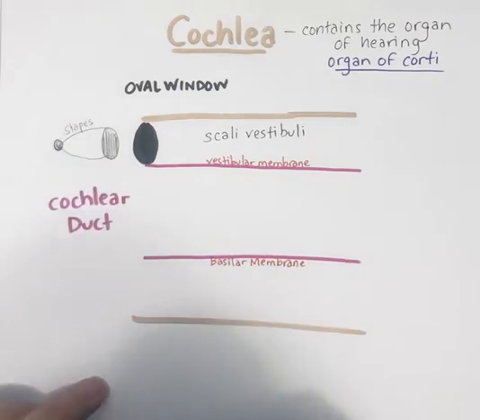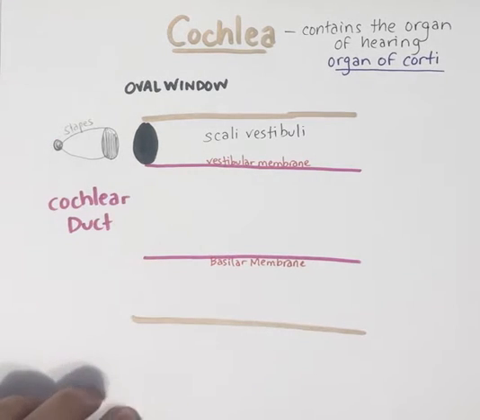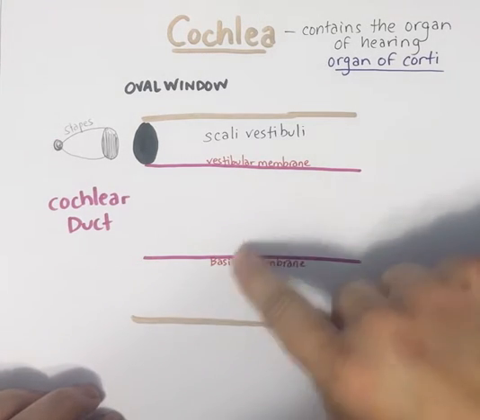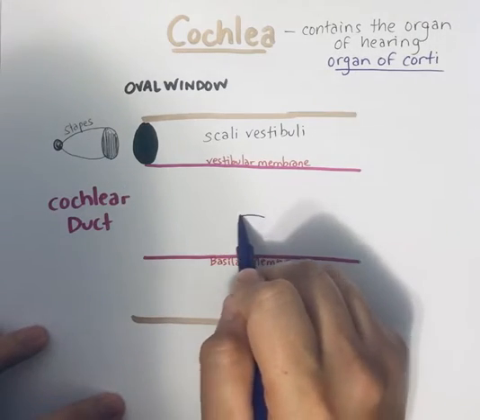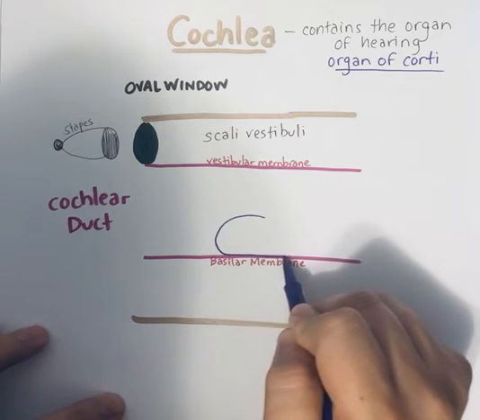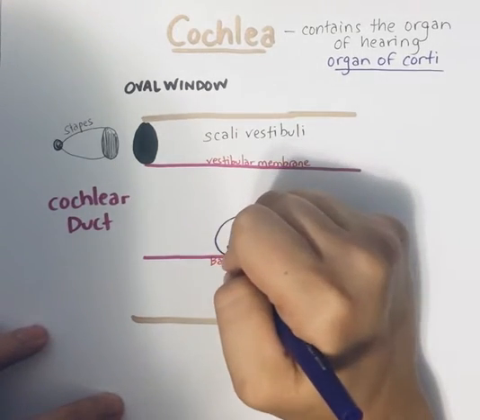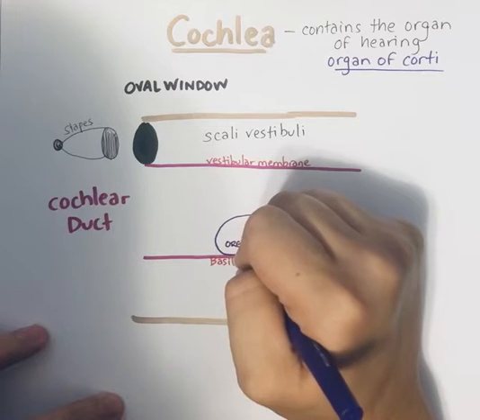And the organ of Corti literally sits right here on top of the basilar membrane. So I'm using purple. This is your organ of Corti.